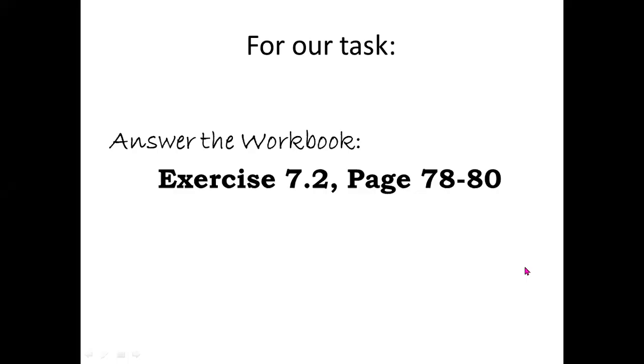Now, number one, determine if the following pairs of triangles are similar.